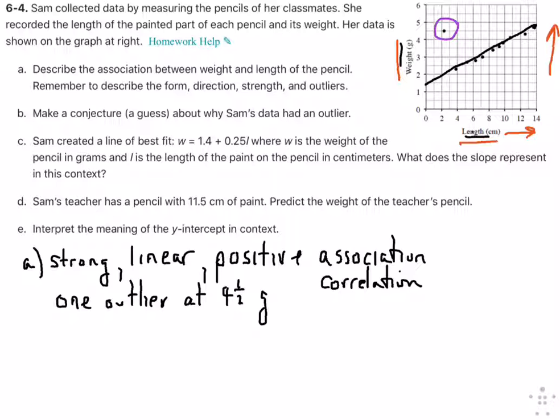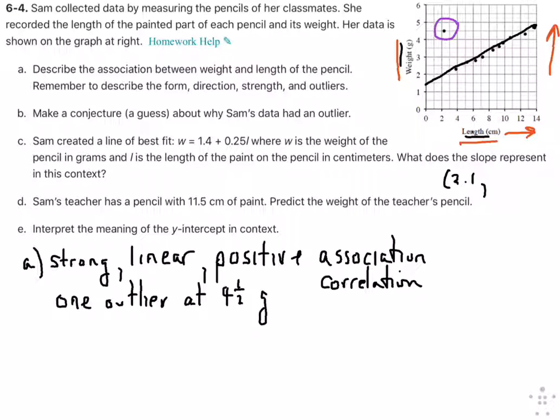Now it says B, make a conjecture, which is just a kind of educated guess, about why Sam's data had an outlier. Okay, so let's look at the coordinates of that outlier. The coordinates are about 2.1 and 4.5.